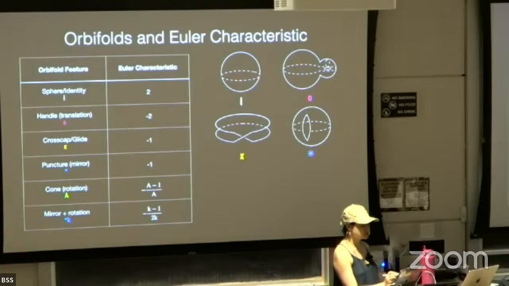Yeah. So I start with this, and then every modification I make, I add this number to it. So I start with a sphere and I take 2 away from it by adding a handle. So this has Euler characteristic 0. I see. Yeah. So each of these features contributes that much to the Euler characteristic.